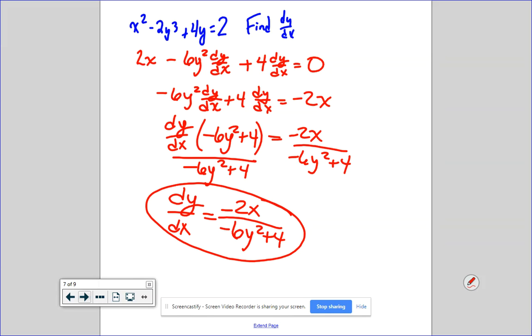Why can't I cancel the negatives? Because of the plus sign here in the bottom. If this was minus, then you could GCF out a negative, then you could cancel. Now, if you do cancel the negatives, you have to make this minus in the middle. So if you want to cancel the negatives, you can, but that changes the bottom to 6y squared minus 4. And now is where we stop.